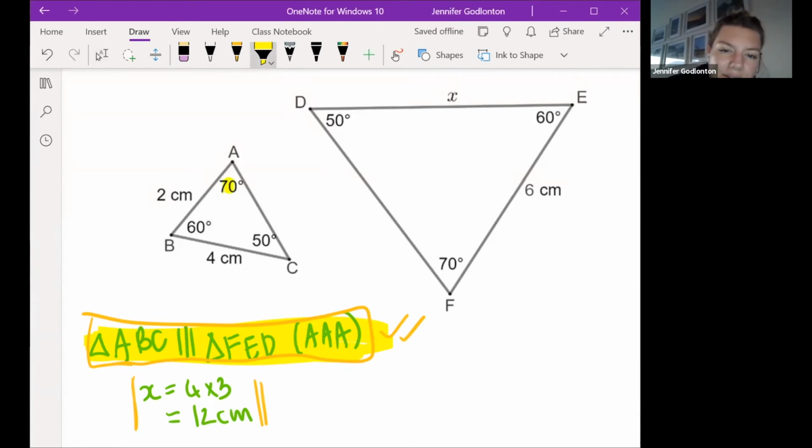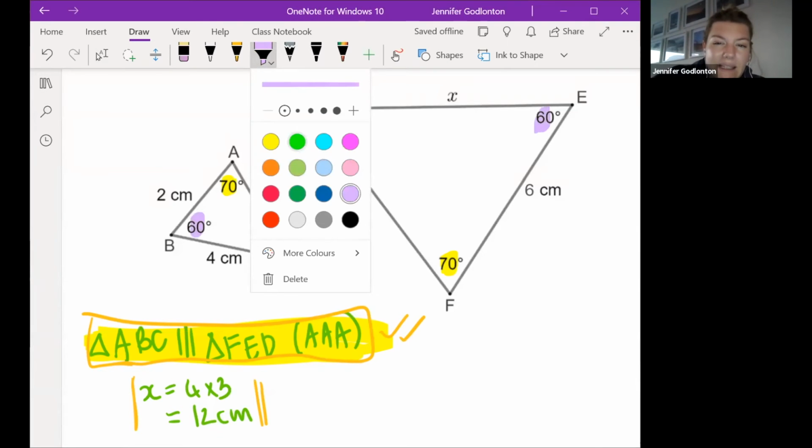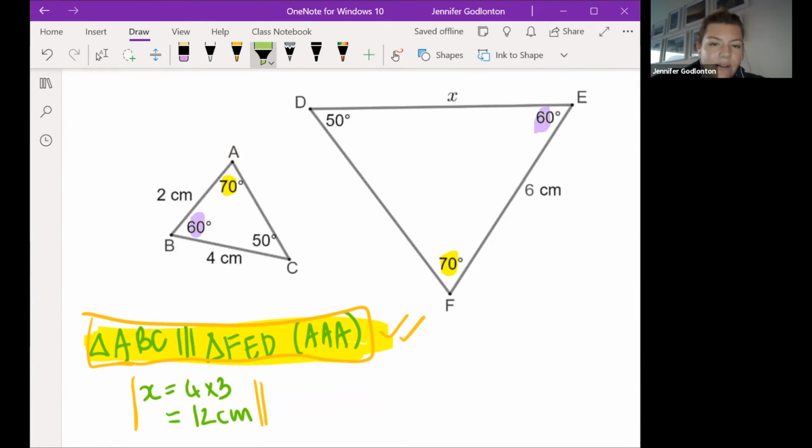So this angle over here is the same as this one, and this angle is the same as that one. That means if I look at the sides of our triangle, this side is between my 70 and my 60, and this side is between my 70 and my 60.